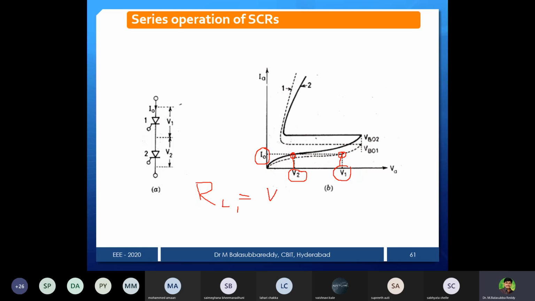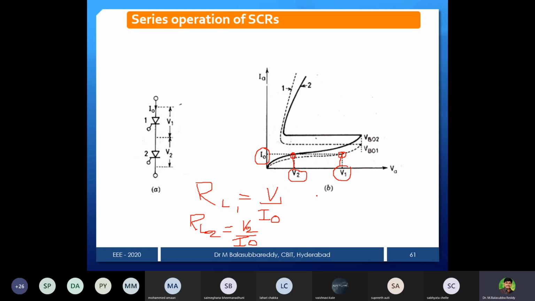R is equal to V by I. I is I naught, V is V1, for the leakage resistance of SCR1. Similarly, for the leakage resistance of SCR2, what is the formula? V2 by I naught. Here I naught is fixed, the leakage current of the two SCRs.